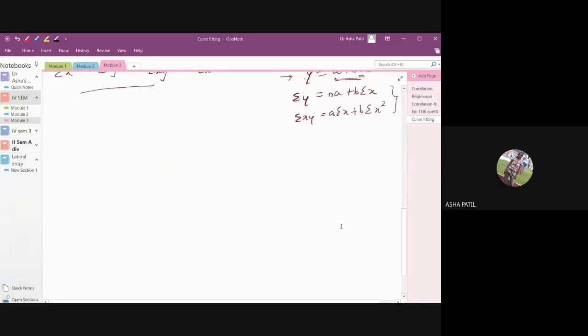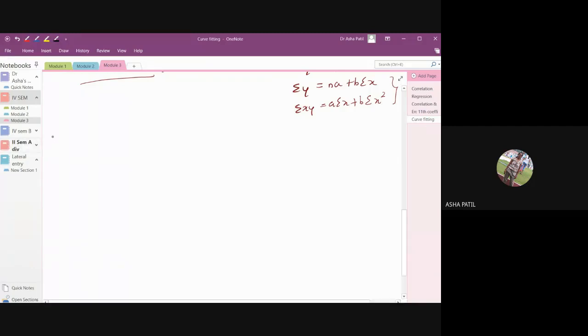Okay, so let me consider an example for this. By the method of least squares, fit a straight line to the given data.